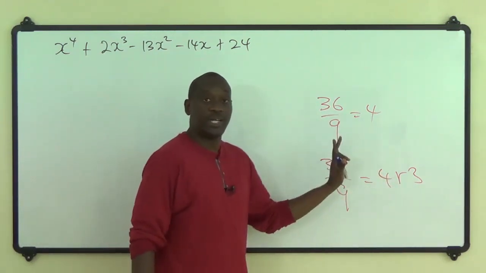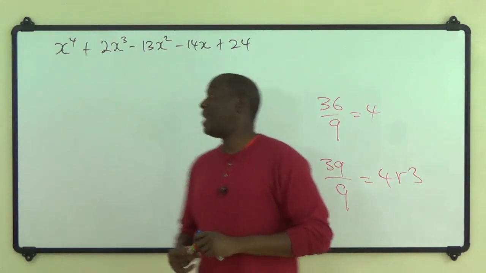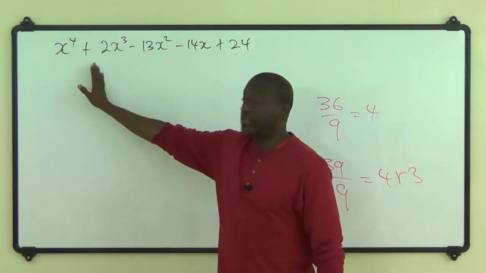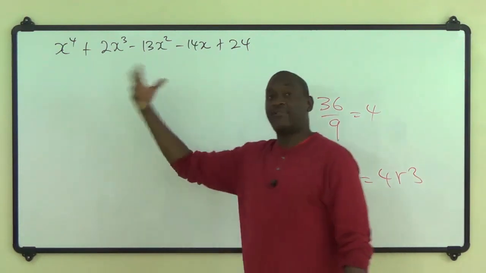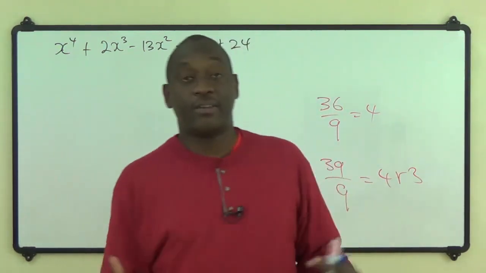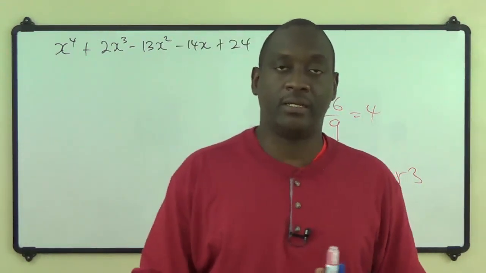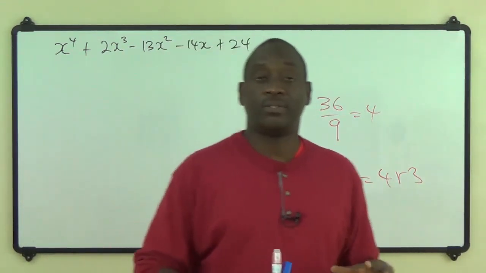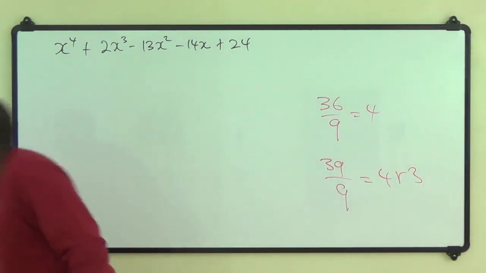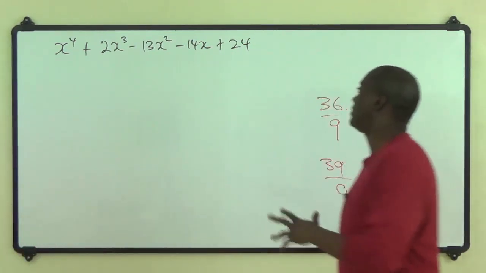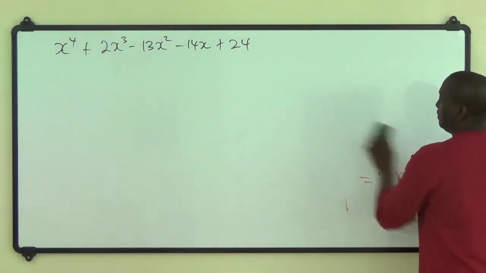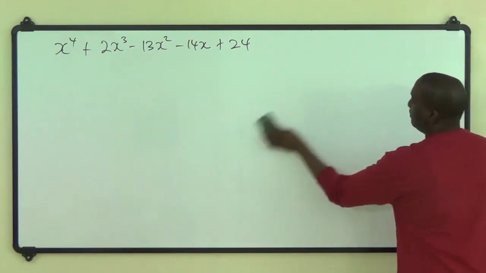The reason why I'm going through that is because I'm going to now add a certain amount to this polynomial and then divide it by one of the factors that we would have used before, and verify that we will actually get a remainder equal to the amount that we added on in the first place. So we have x to the power of 4 plus 2x cubed minus 13x squared minus 14x plus 24. Let me add a random number to that.